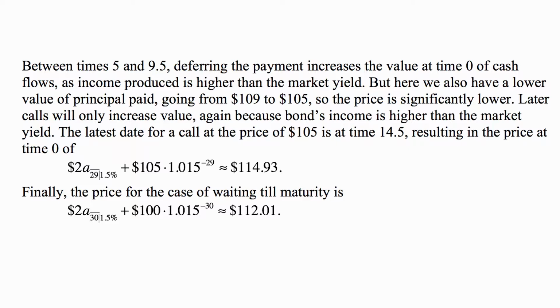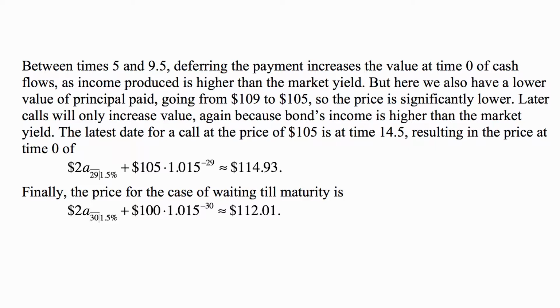And then we will figure out the lowest of all those possible prices, and that means that if we pay that price, we cannot get any less than 1.5% yield because every other outcome will produce a better result. That's roughly the idea of what we are doing. Anyway, so this is $2 coupon over 29 periods at 1.5% plus the present value of that call value at time 14.5. So discounted over 29 half-a-year periods at 1.5%, and that's 114.93.